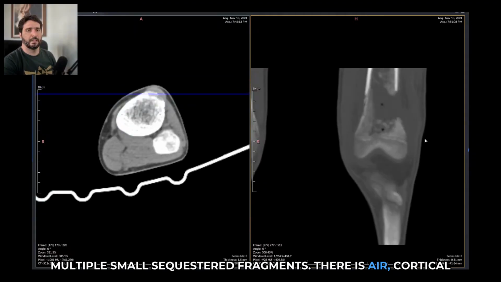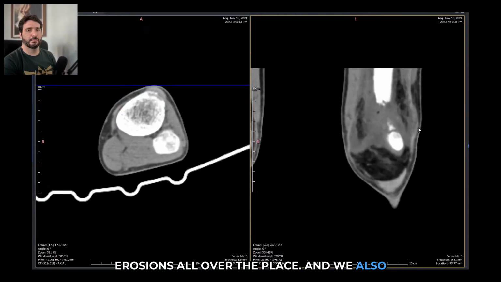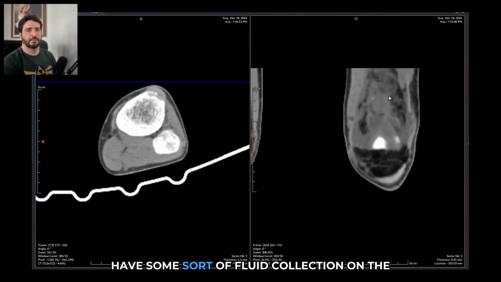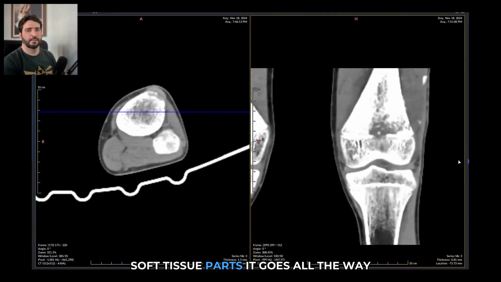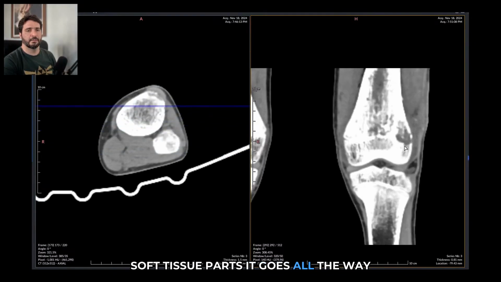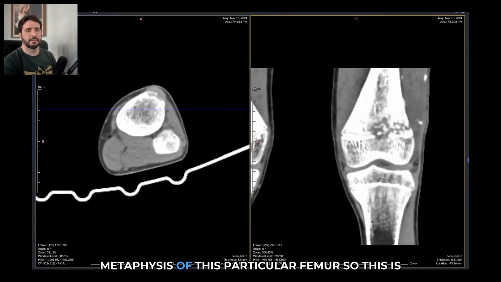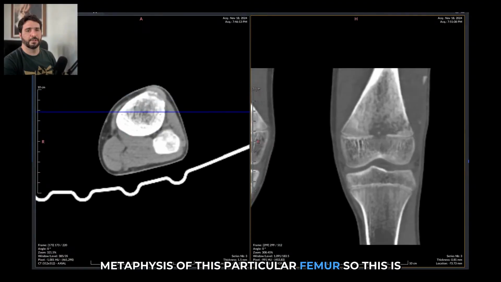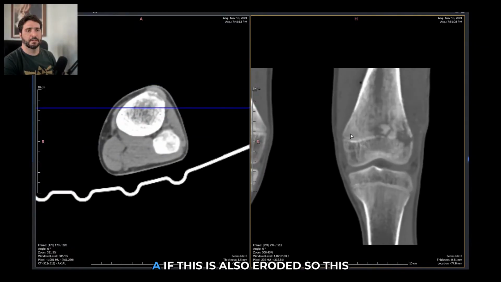There is air, cortical erosions all over the place, and we also have some sort of fluid collection in the soft tissue parts. It goes all the way to the growth plate, the diaphysis, and the metaphysis of this particular femur. So the epiphysis is also eroded.